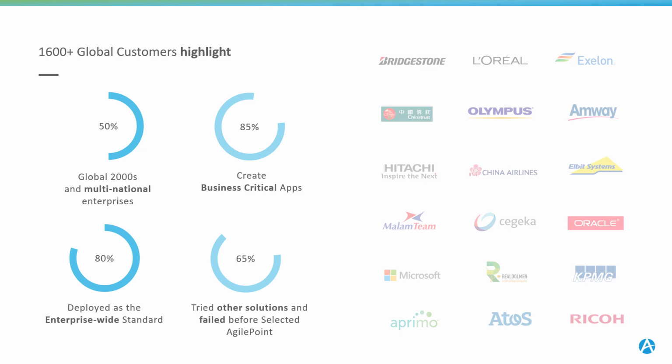Now, there are a number of compelling statistics and logos on screen, but the most eye-catching, in my opinion, is enabling our customers to succeed where they've previously failed in their digital transformation efforts. Due to AgilePoint's unique architecture and compelling developer experience for both citizen and professional developers alike, more than 65% of AgilePoint's current customer base have come to us after having failed with another platform.